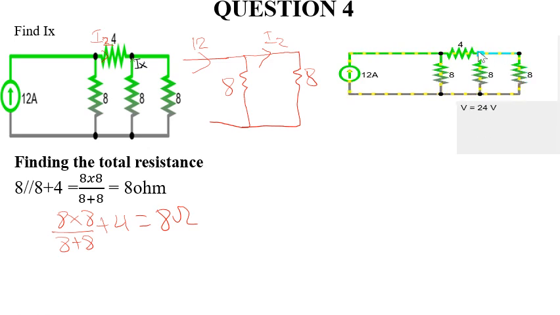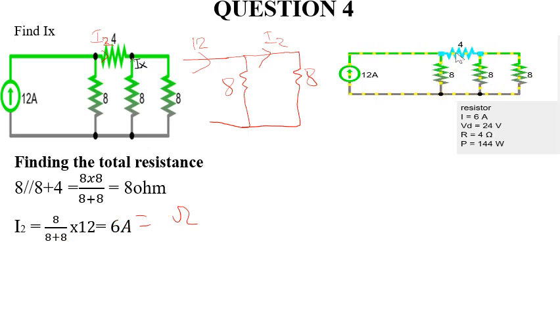But we realize that we have to calculate I2. I2 here is placed between this Ix and this 8. To calculate I2 is simply the opposite resistor, and since they are the same, the opposite to I2 is 8. 8 over 8 plus 8 times 12. So doing that, we get our I2 as 6 amps.